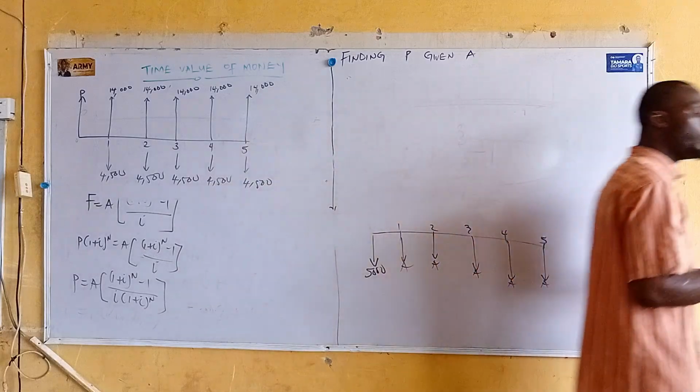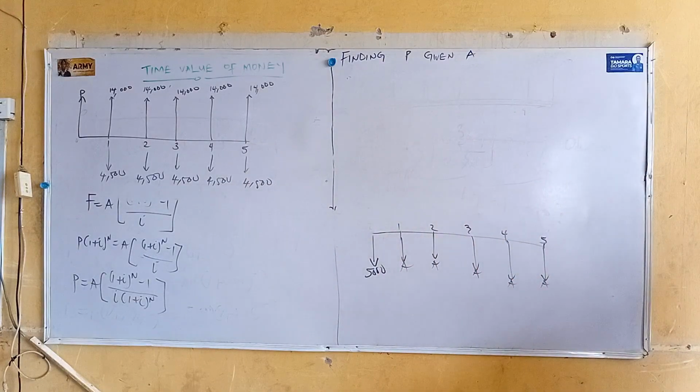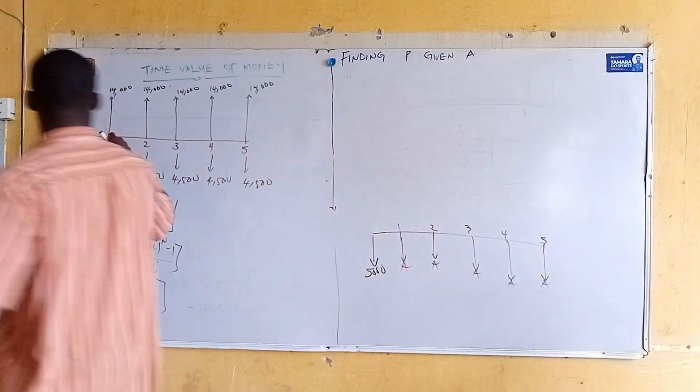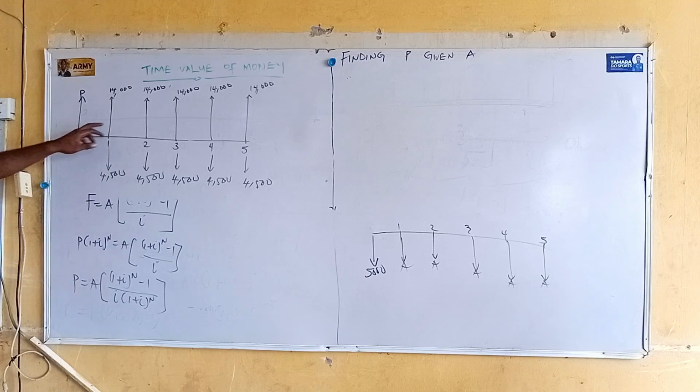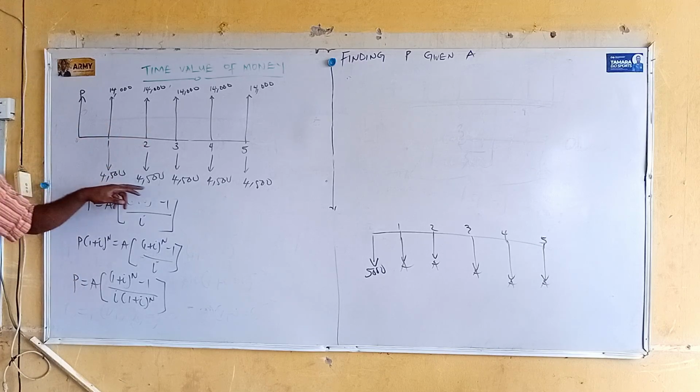The project gives you 14,000 every year, but at the same time running it costs you 4,5 every year.